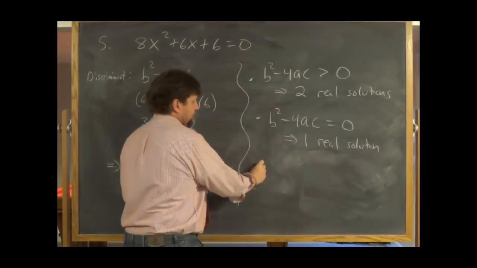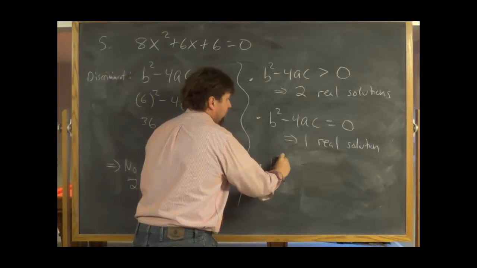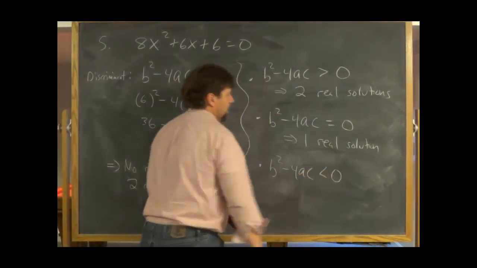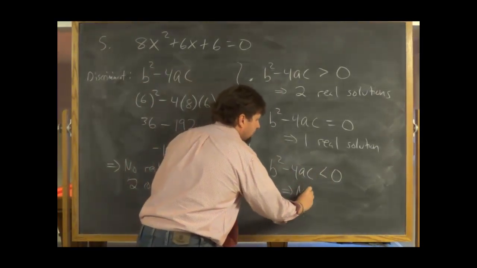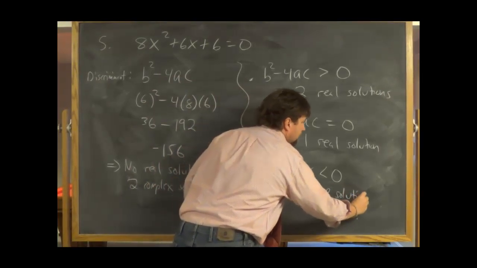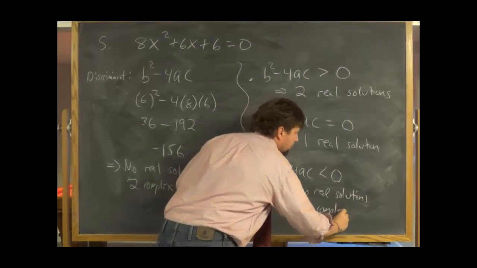And then finally, as we just saw here in number 5, if the discriminant is a negative number, that tells you you have no real solutions, but you have two complex solutions.